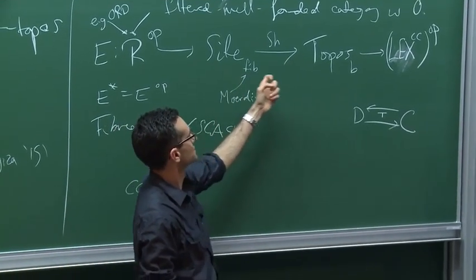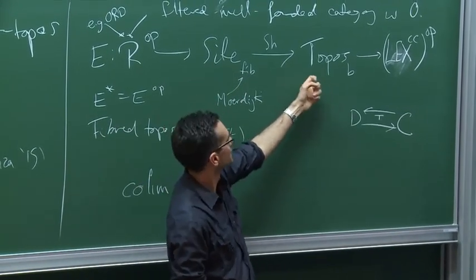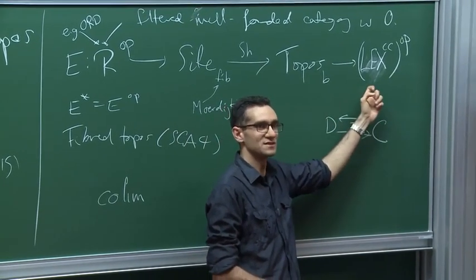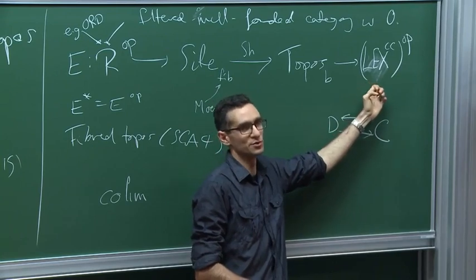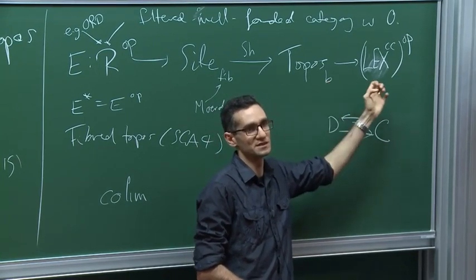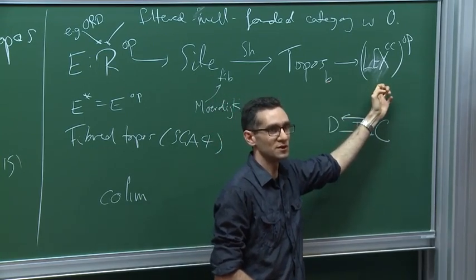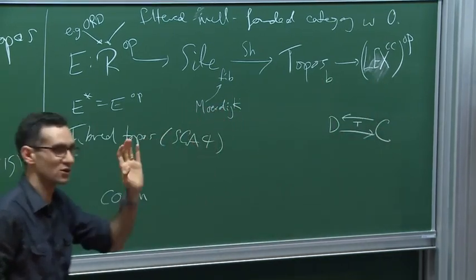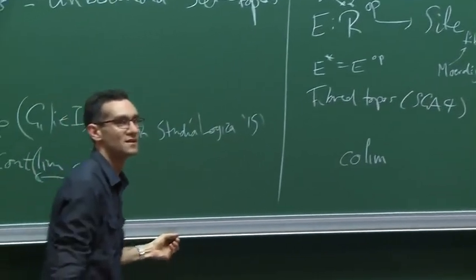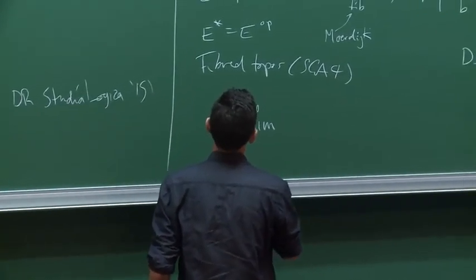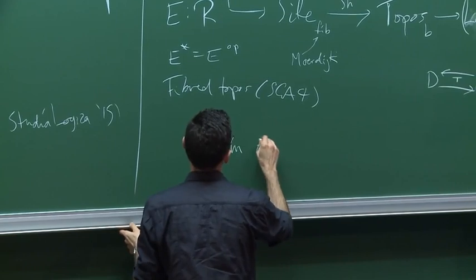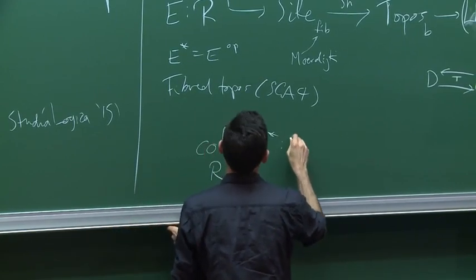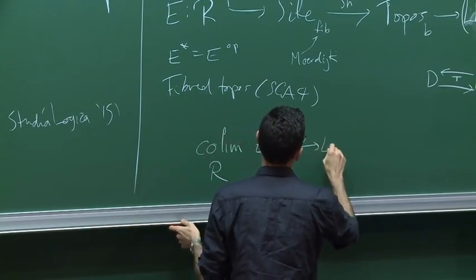Then you can take toposes, and then you just take the inverse image part. These are like the algebraic viewpoint on toposes. I'm forgetting the direct image functors, because the direct image functors will no longer exist in the next step. And I take the colimit over R of E star from R.